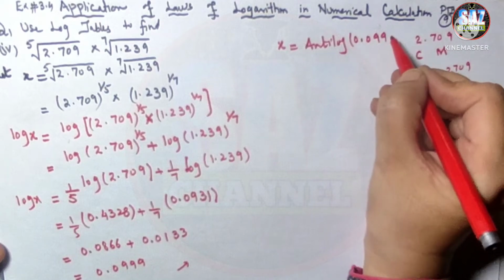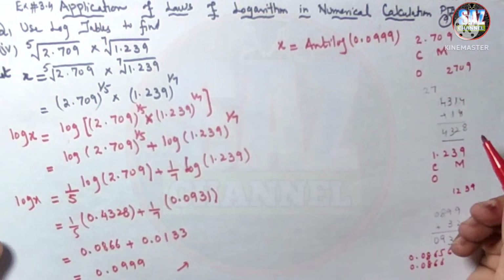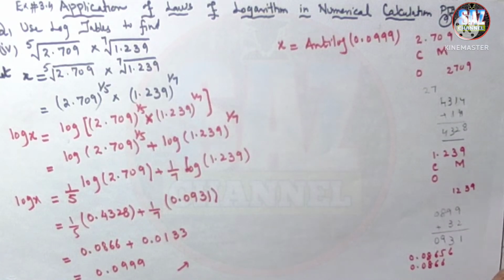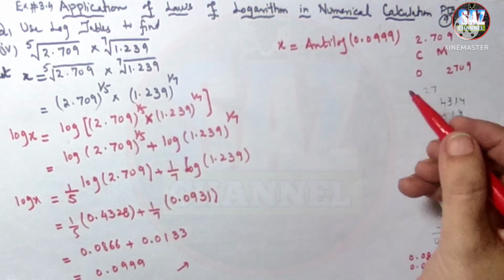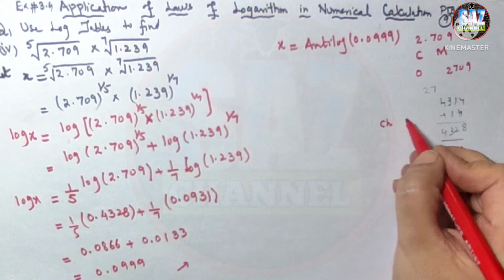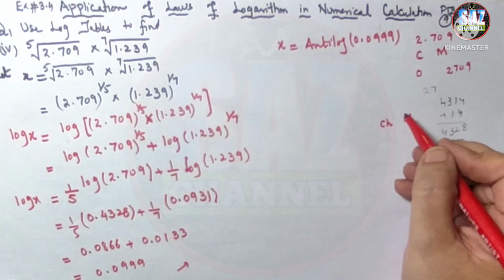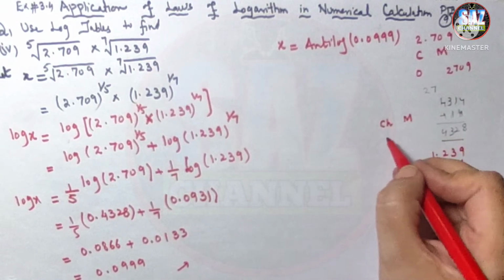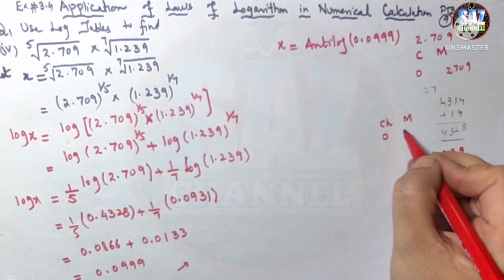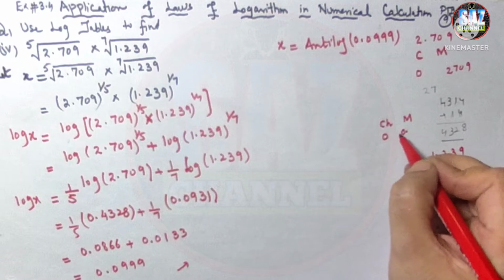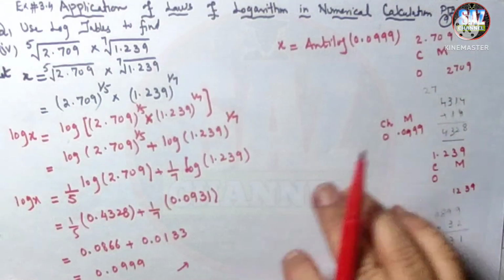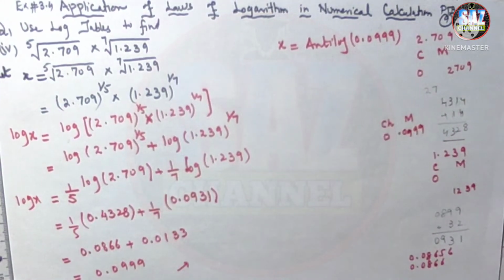And now as we have to take the anti-log, and this is the log given, the characteristic of this number is 0, and the mantissa is 0.0999. Now what I have to do is that I have to locate 0.09.